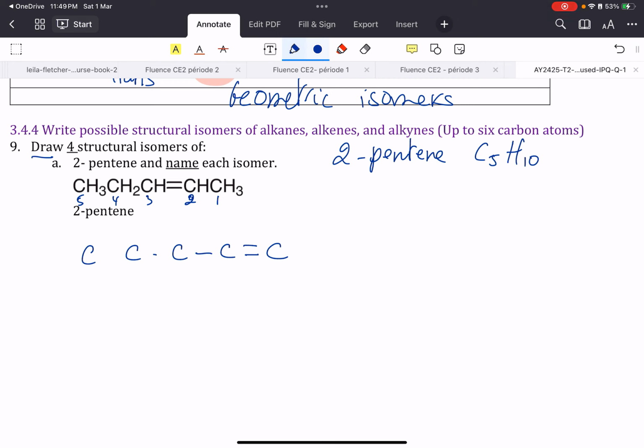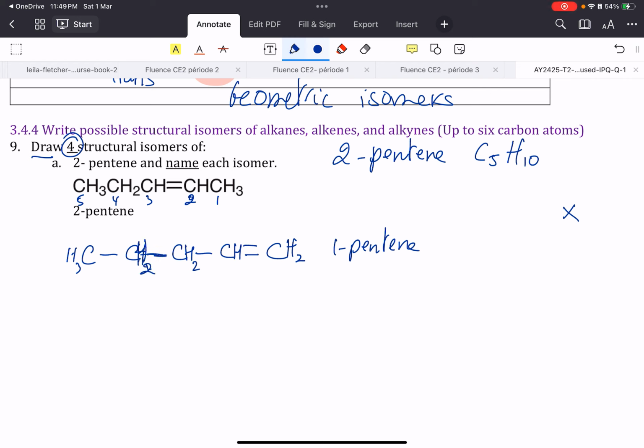I'm going to create a double bond on the first. So that makes it 1-pentene. They want 4 isomers. So 1 is done.